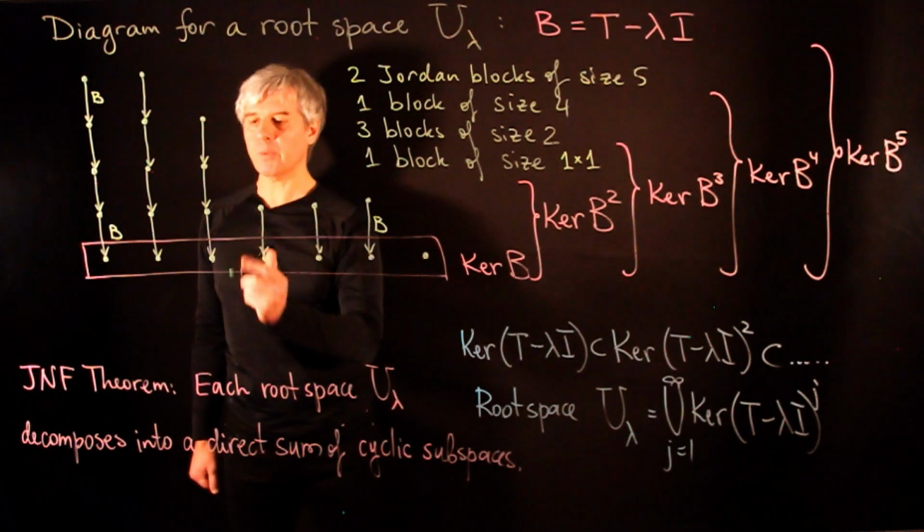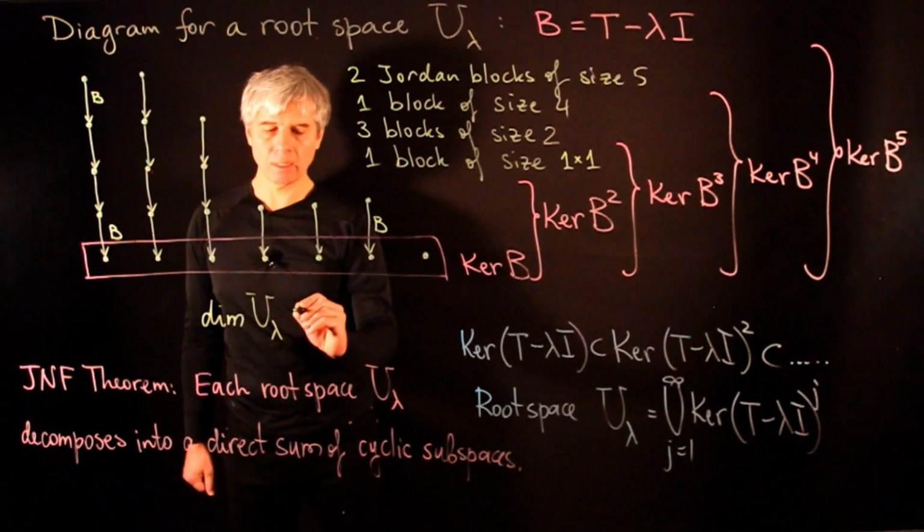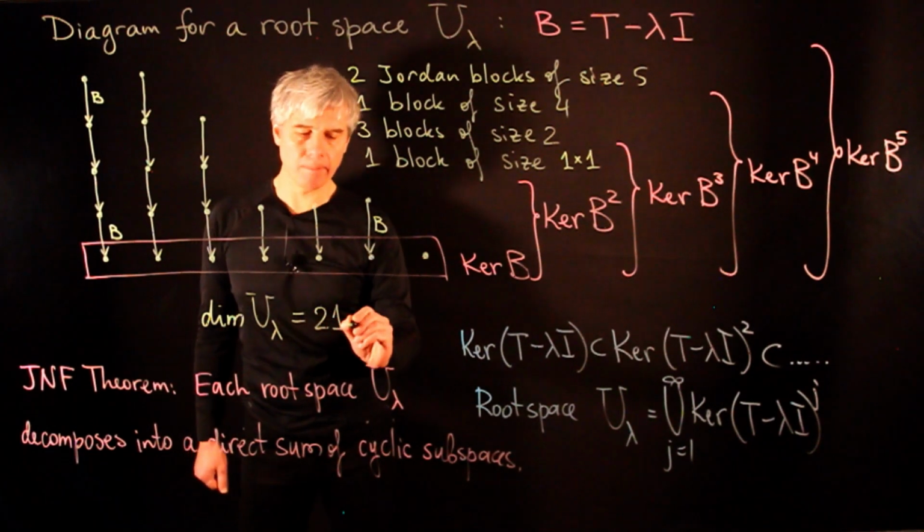So in the example with this diagram, the dimension of the root space is equal to 21.